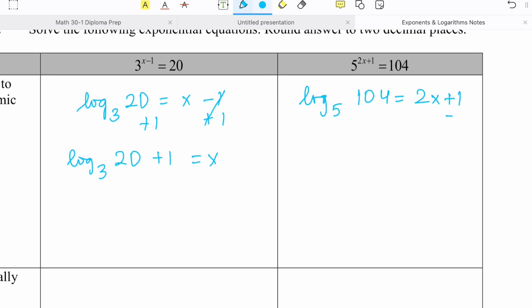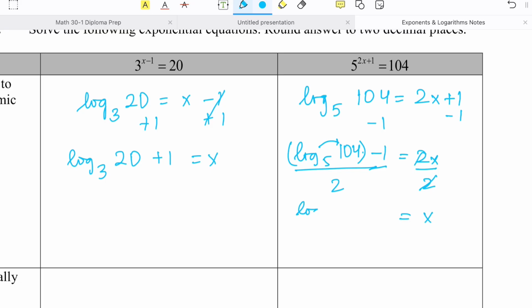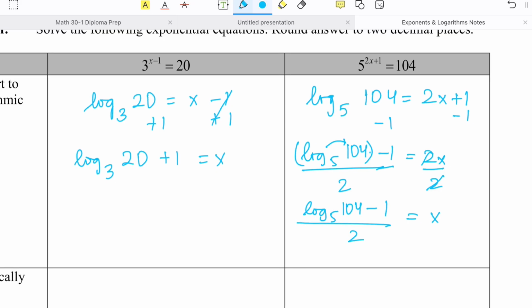Subtract 1 on both sides, we get 2x is equal to log base 5 of 104 minus 1. Remember, this operation needs to be done first and then subtract 1. Divide both sides by 2 and x is equal to log base 5 of 104 minus 1 over 2, and that's your answer.